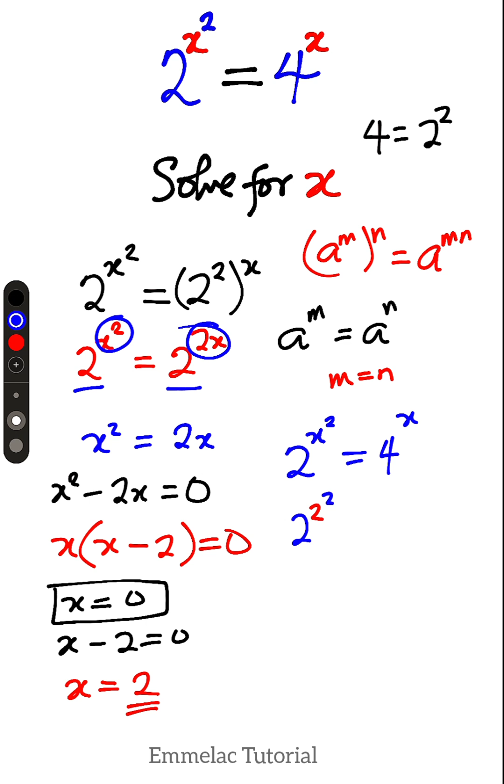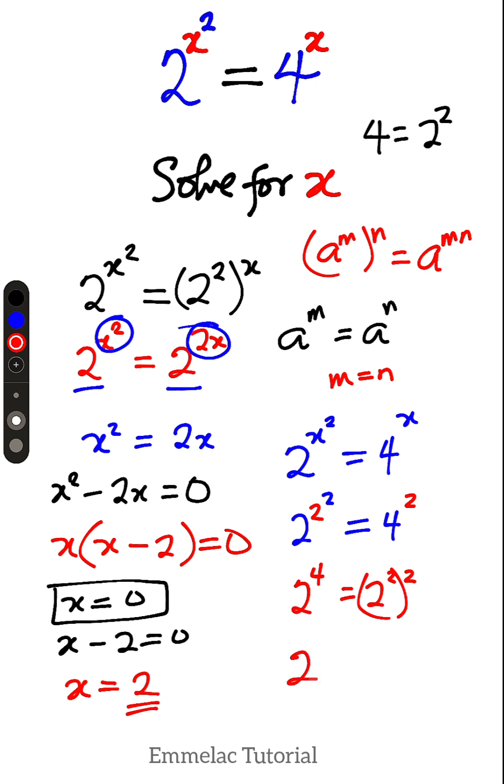where I replace x with 2, equals 4 raised to 2. So 2 raised to 2, raised to 2, will give us 4. So this will give us 2 raised to 4, equals, now 4 here can be represented as 2 raised to 2, which means 2 raised to 2, all raised to 2, and we can multiply this to give us 4.